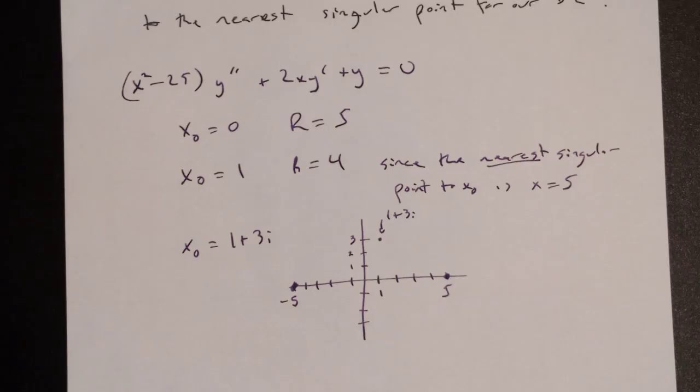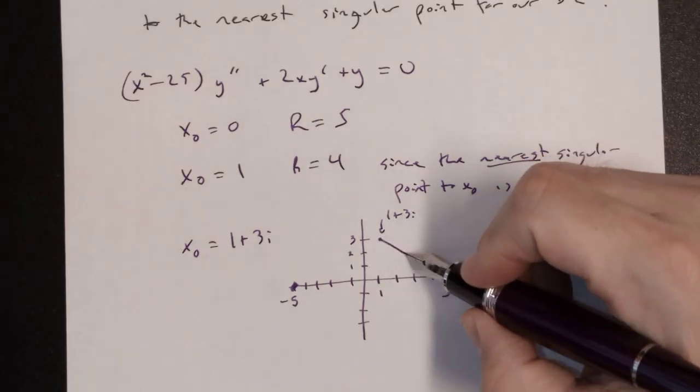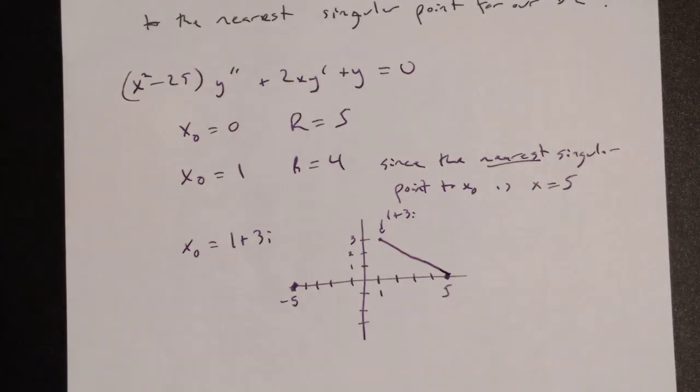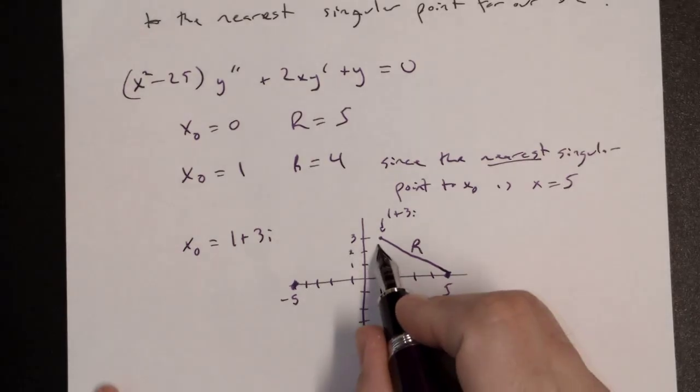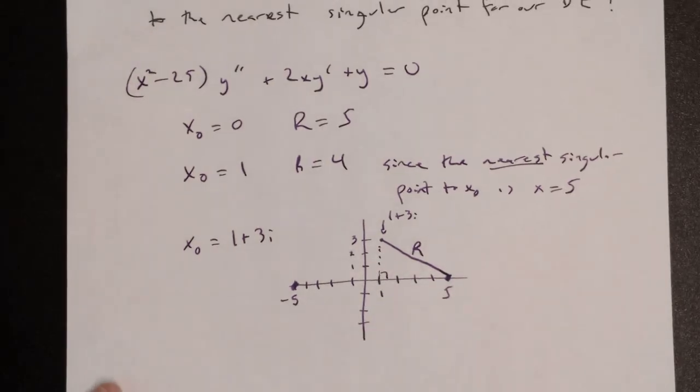Which is the same thing. I'm going to go the straight line distance from here to here, and the way to get that straight line distance is Pythagoras. There's my little right triangle. The vertical leg is how long? And the horizontal leg?